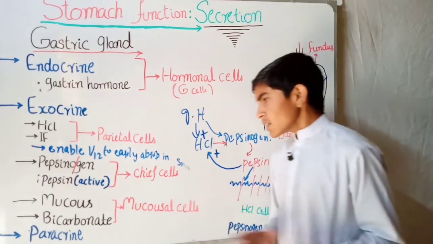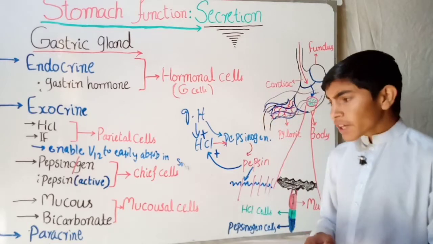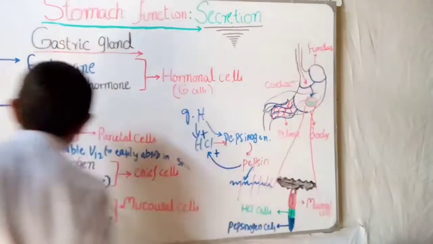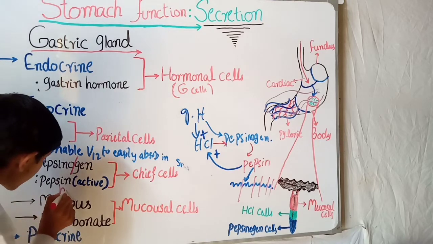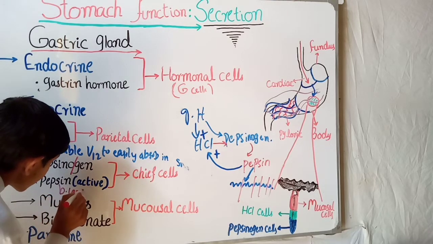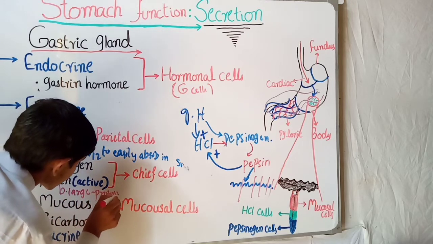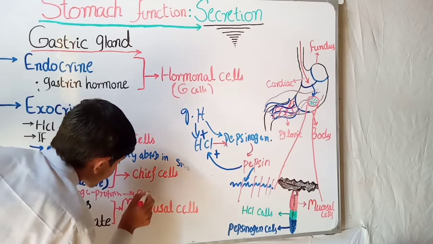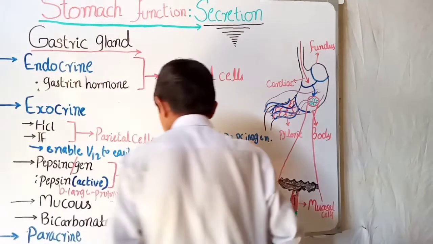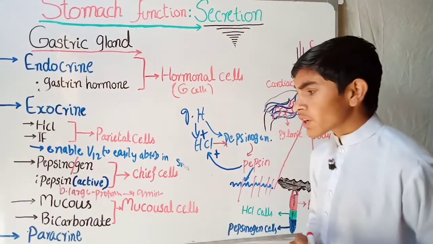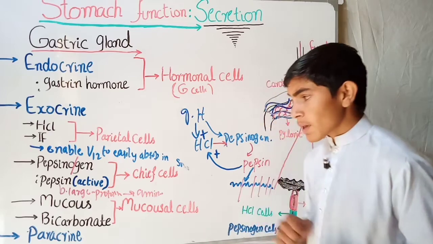Pepsin is mainly involved in breaking down large protein molecules into amino acid chains. Secondly, the chief cell is also involved in the secretion of gastric lipase.